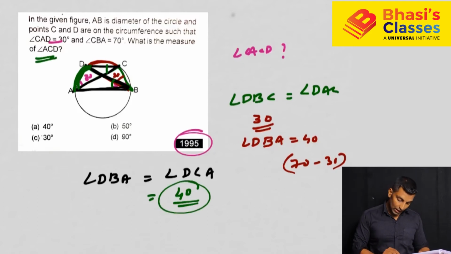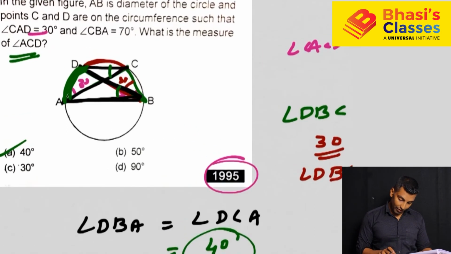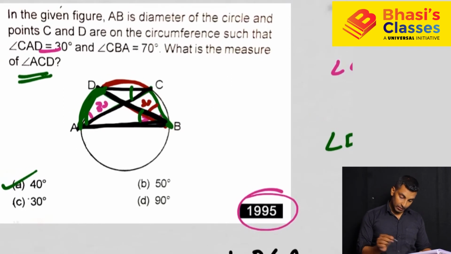So what is your answer? 40. 40 is your answer. What we have done is very simple, so you don't want to have any confusion here. We know angle DAC, and from the property, angles from the same arc are the same. So this angle DBC and this will be same.